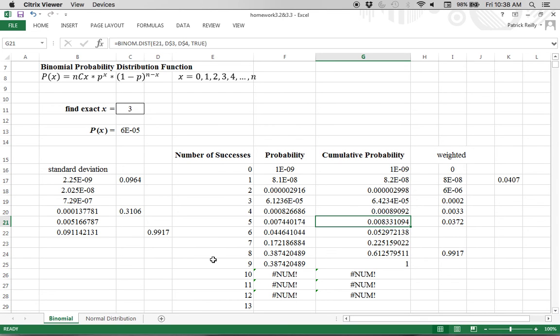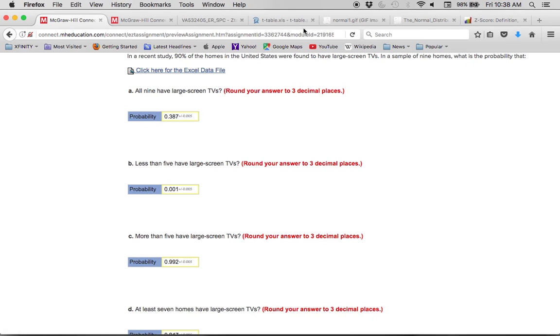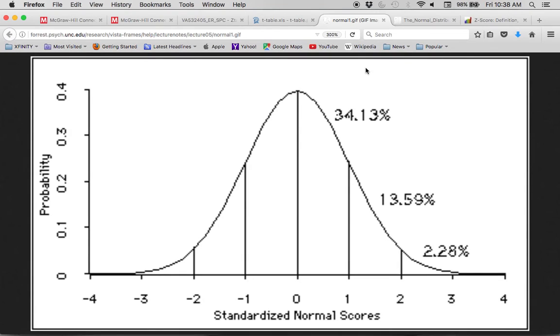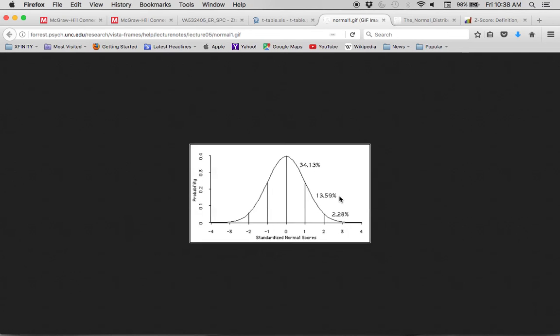Okay? Now, what might make it more clear later on when we use a normal distribution: remember that histogram we made? We could think of this as being kind of like that histogram. The cumulative probability would be telling us the area to the left of a certain point.